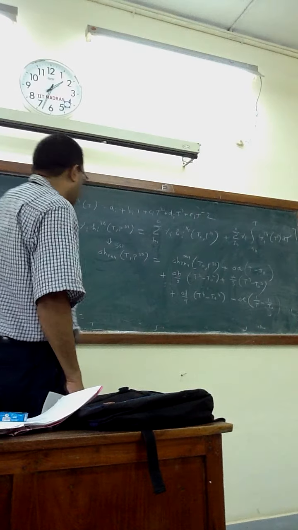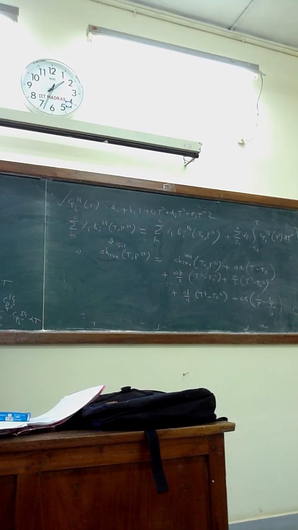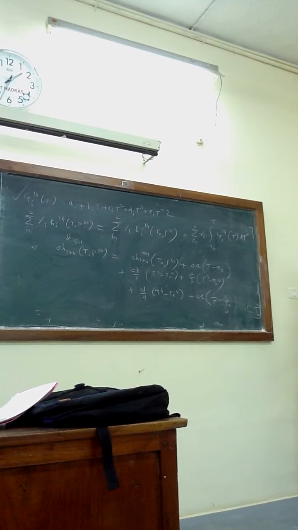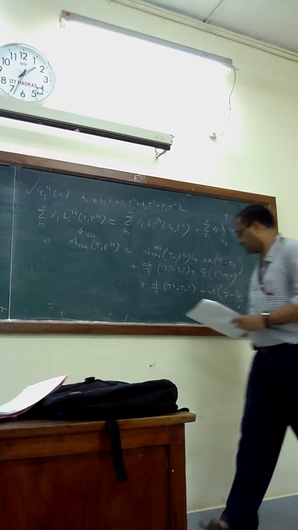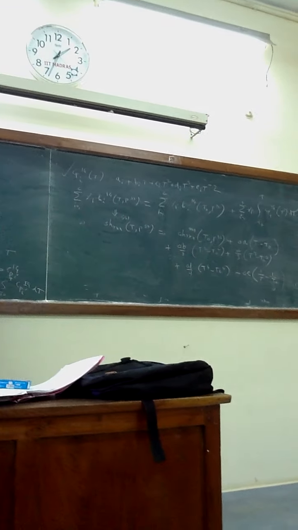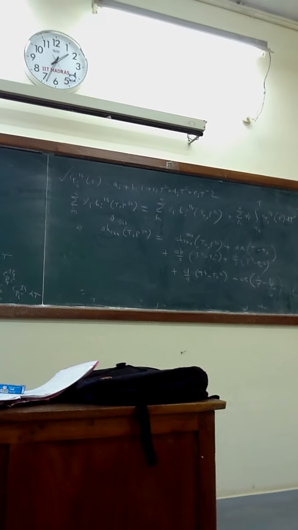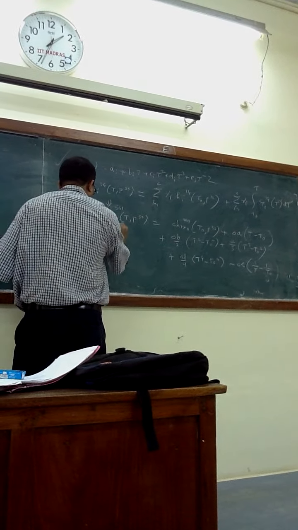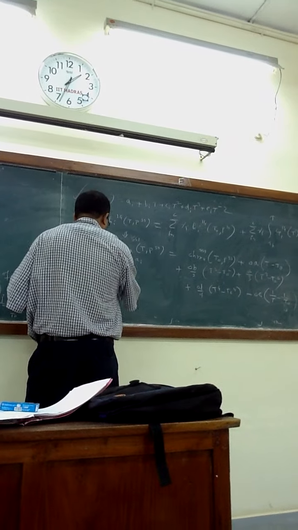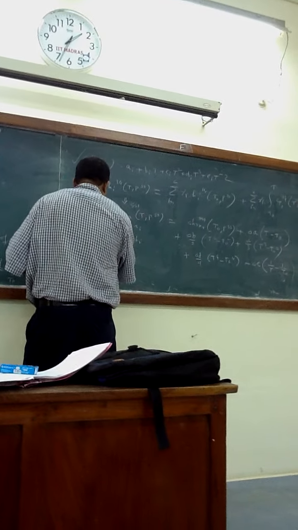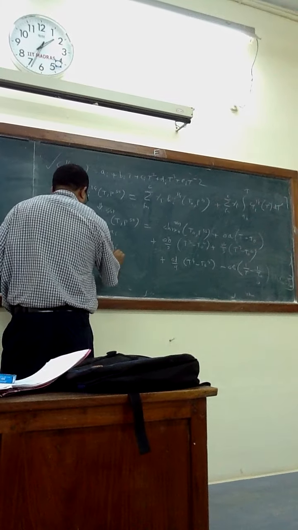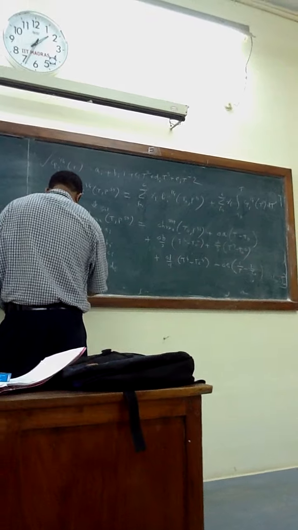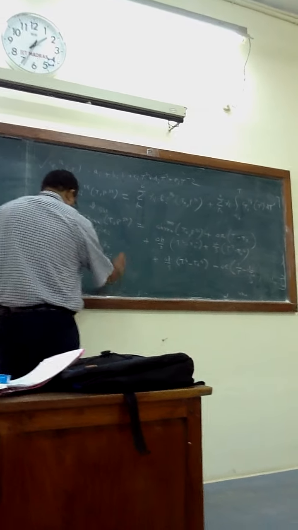So delta H reaction at a particular temperature, standard state, is nothing but delta H reaction SS1 plus delta A (T minus T0), plus delta B by 2 (T square minus T0 square), plus delta C by 3 (T cube minus T0 cube), plus delta D by 4 and so on. And for your reference, you can write delta A is summation gamma_i A_i, delta B is summation gamma_i B_i, delta C is summation gamma_i C_i, delta D is summation gamma_i D_i, delta E is summation gamma_i E_i.